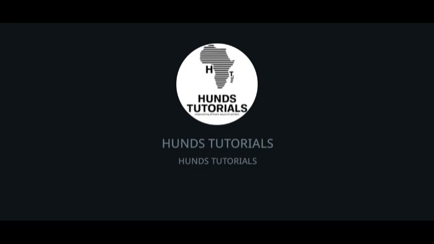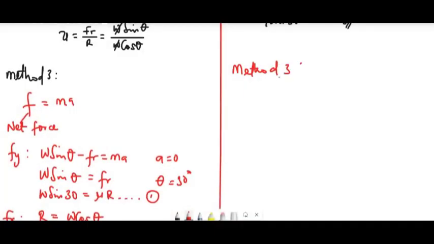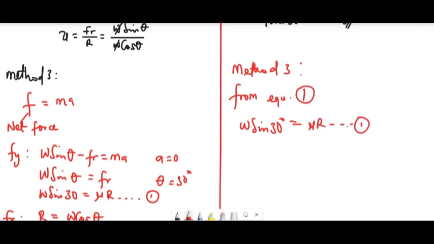This is method 3 continuation. I have equation 1 as W sine 30 degrees equals mu R. So can I substitute equation 2 into equation 1, having W sine 30 degrees equals mu R, where R is W cos 30 degrees. So I have W to cancel W.